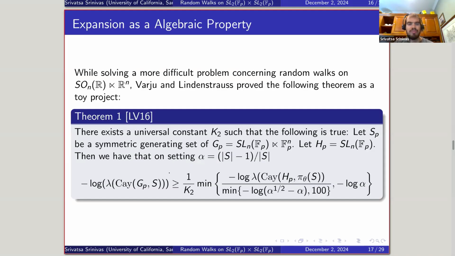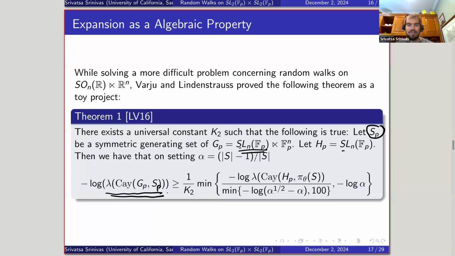They proved that if you have this affine group and a generating set of this affine group, then the spectral gap of the generating set is actually bounded below by the spectral gap of the projection of that generating set onto the matrix component, with a lot of fudge factor.